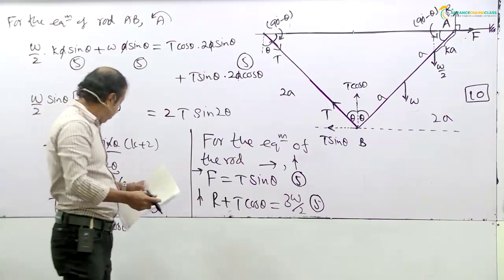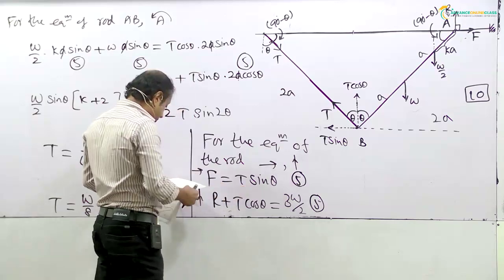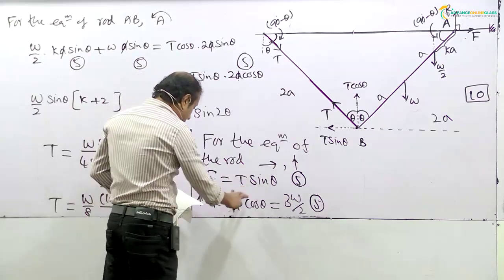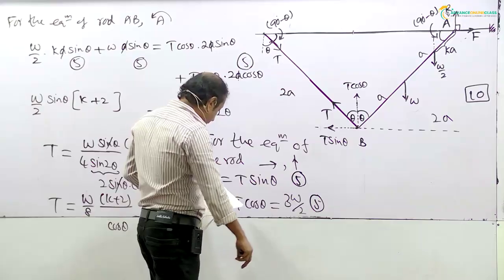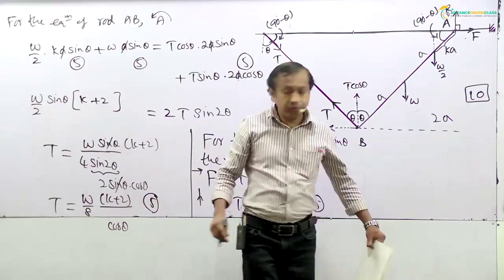Then you can substitute for T here and can find F, and T here and can find R. Right. Find them.